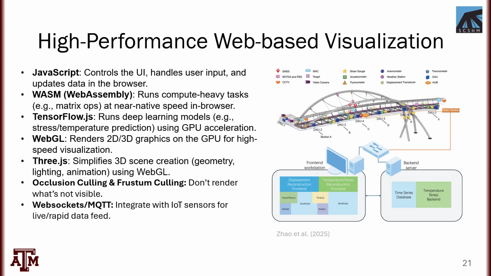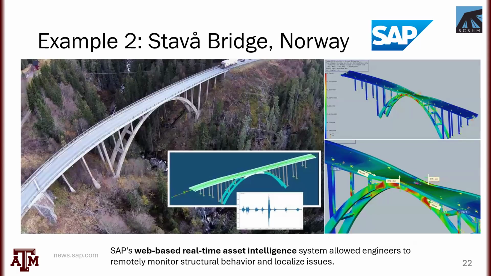We have WebSocket and MQTT, which allow streaming of data from live sensors onto the visualization dashboard. So altogether, these things give us real-time capabilities. They are browser-based, and they provide us with high-fidelity visualization for all the SHM data. Here is an example of this.